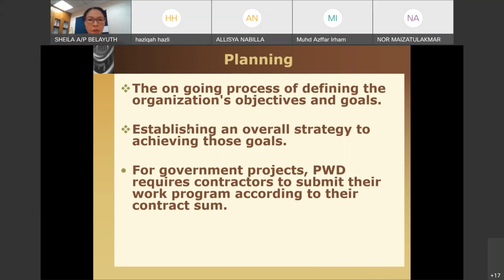So establishing an overall strategy to achieve those goals. Basically, we plan to achieve those. And for government projects, it is required to submit a work program according to their contract sum. This one has been done quite a while lah. All the construction projects are required to submit in the form of Microsoft Project or Primavera.